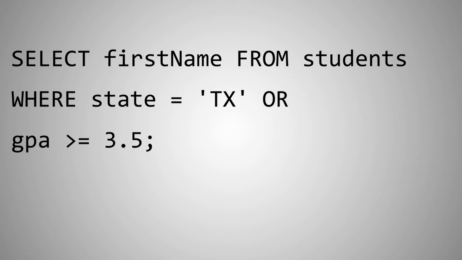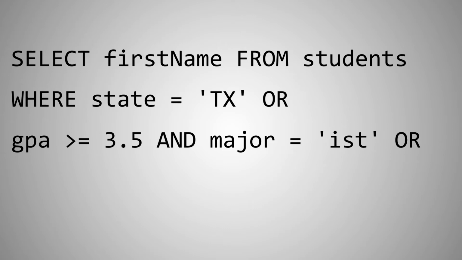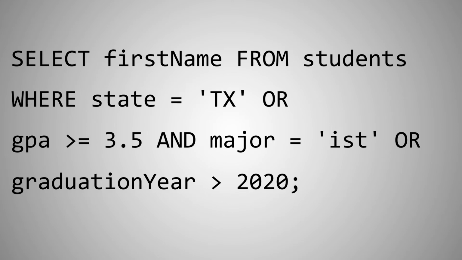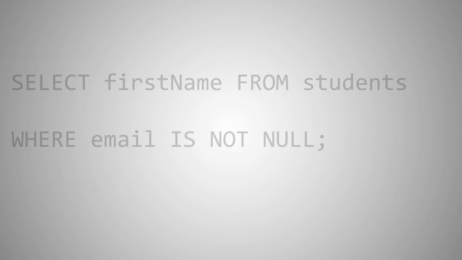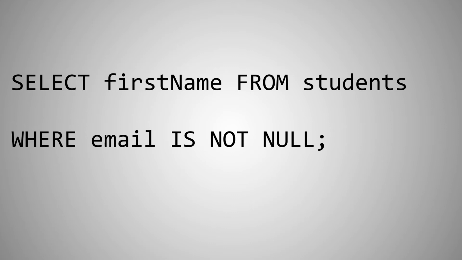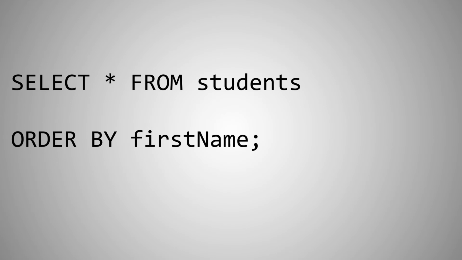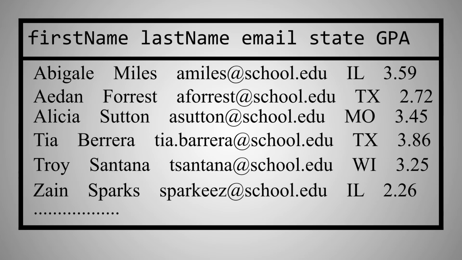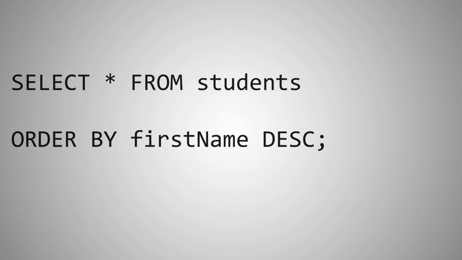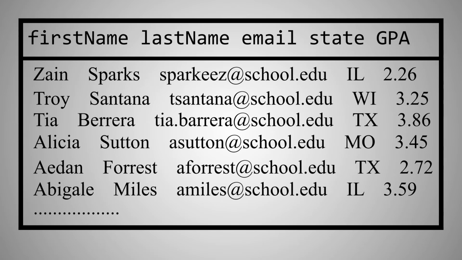We can even have long strings of these in a huge succession if we want multiple different types of conditions. We can also check for null values specifically. We can organize our data with built-in sorting if we use the order by column tag. We can also change it to descending order by adding DESC after the column we want to sort by.